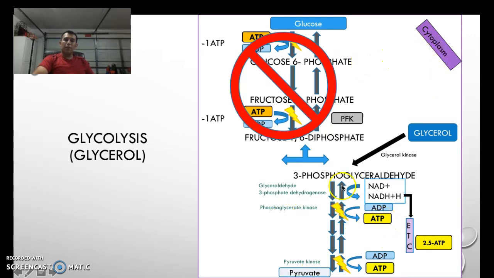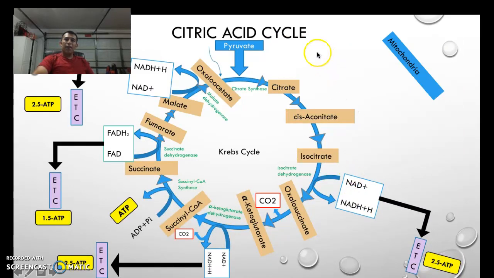This happens in the cytoplasm, of course, and then the citric acid cycle, or the Krebs cycle, for that glycerol comes in and goes through the same cycle here. So all these ATP are getting produced in the mitochondria.